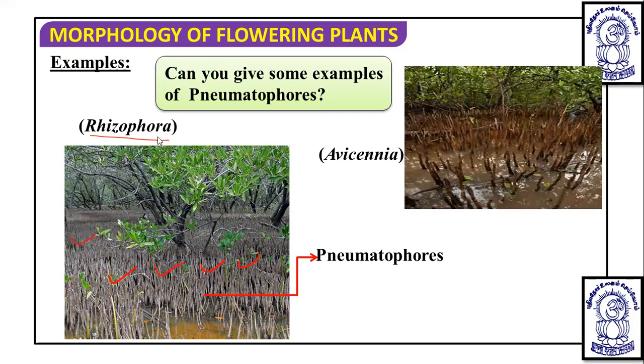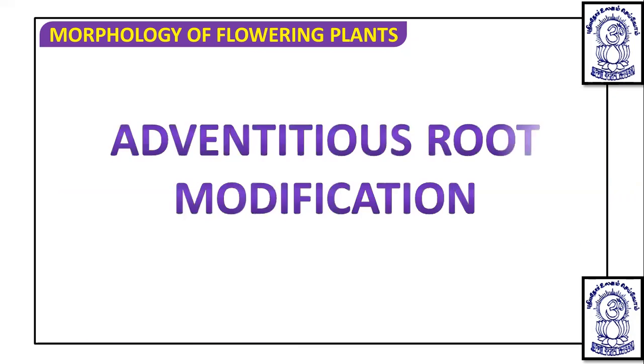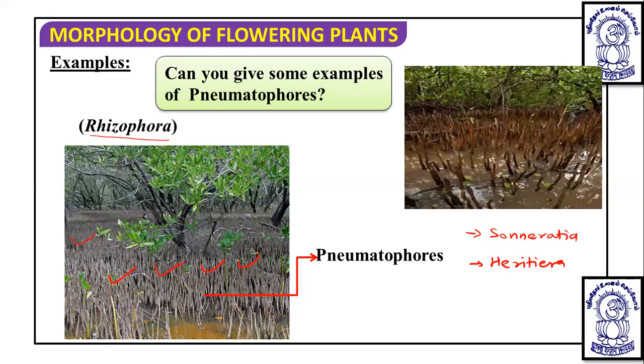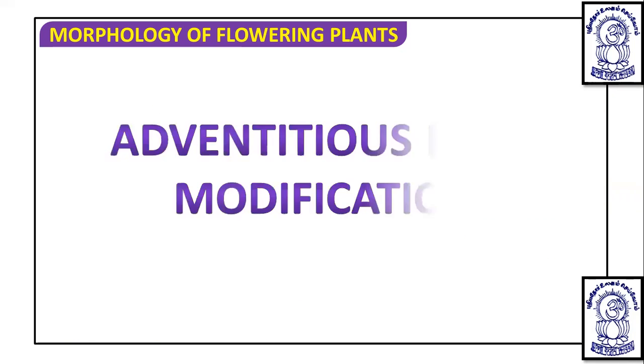This is another example, Avicennia. Apart from Rhizophora and Avicennia, two other examples of mangrove plants are Sonneratia and Heritiera. All these mangrove plants show the presence of pneumatophores.